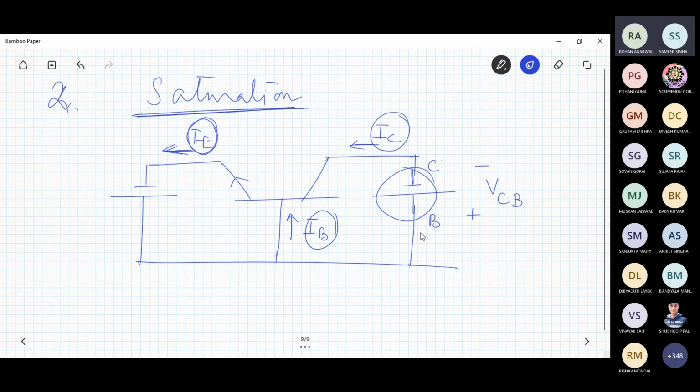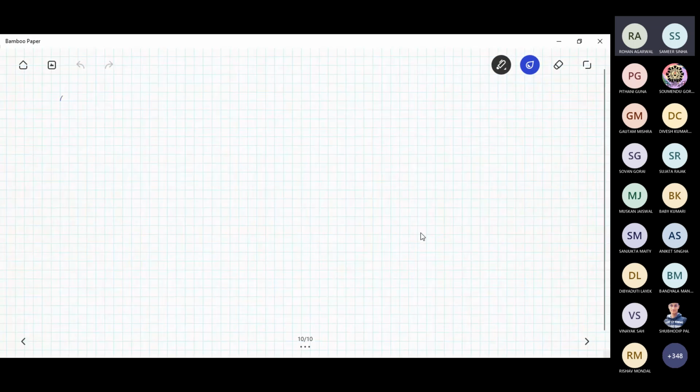I'm just giving you the different configurations of the transistor in different bias arrangements. First one was forward bias. This is saturation, and the third one is cutoff. I'll tell you the different bias statements also. Cutoff means there will be no current flowing as such.